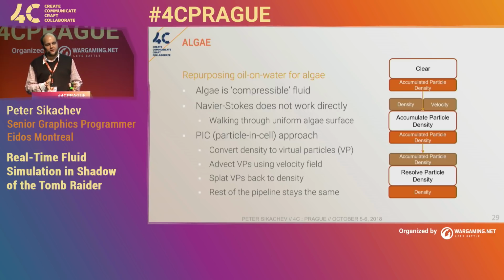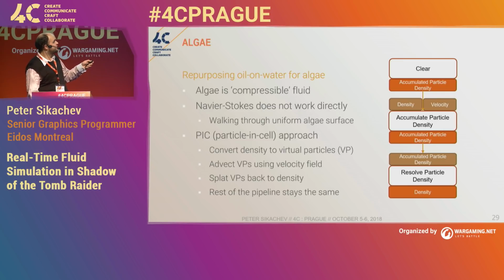The particle in cell approach is a mix between the two. You run your grid simulation, but at the beginning of each frame, you take your density and convert it to what I call virtual particles. Then you advect those particles, basically using your velocity field. Then you splat those virtual particles back to density, and the rest of the pipeline stays the same.